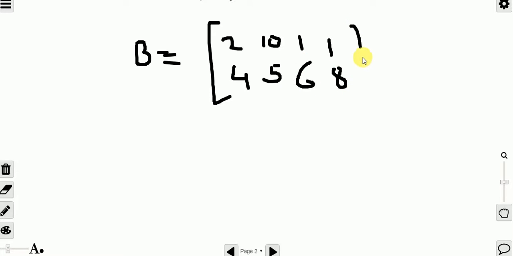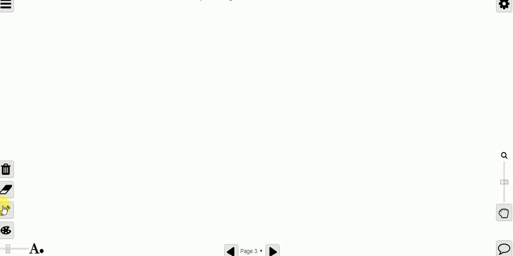What is the number of rows? 2. And the number of columns? 4. So the number of rows is 2, the number of columns is 4, and 2 is not equal to 4. Hence, this is a rectangular matrix. That was the first type of matrix.